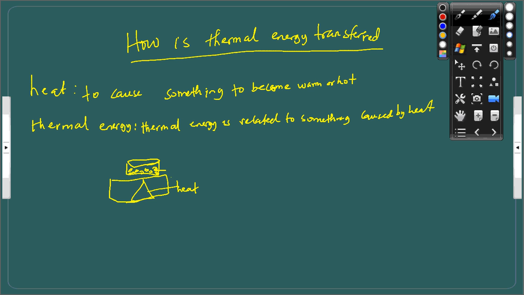So now you say thermal energy is transferred. Now I hope you can know the difference between thermal energy and heat.